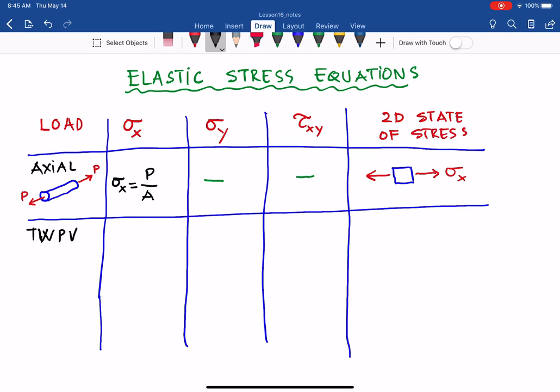Let me put the one with cylindrical here. And as you can see, at any given point we have the hoop stress and we have the longitudinal stress.